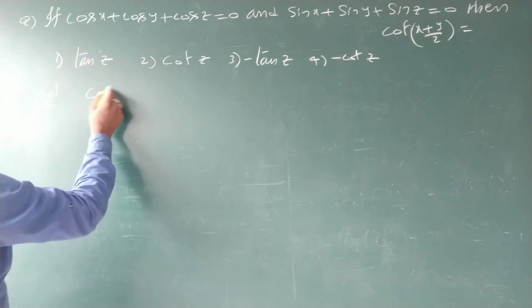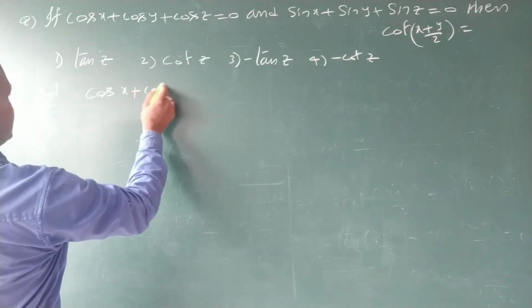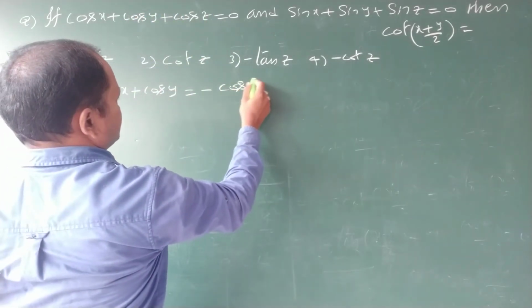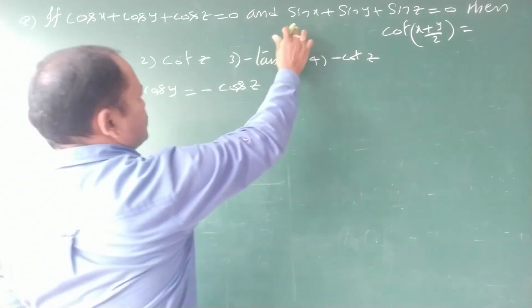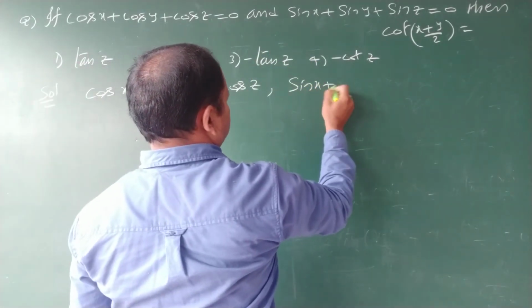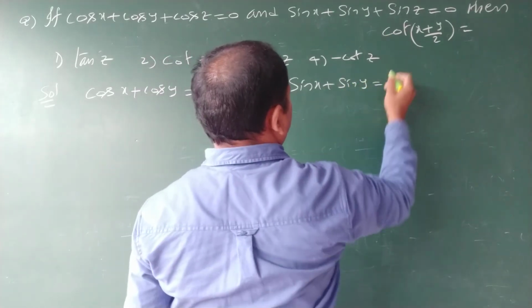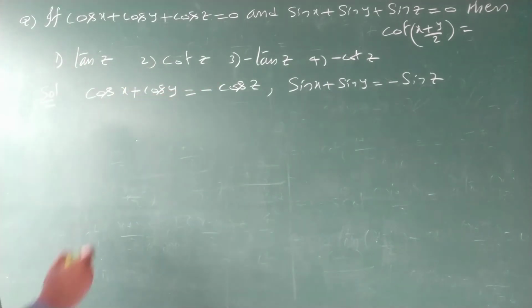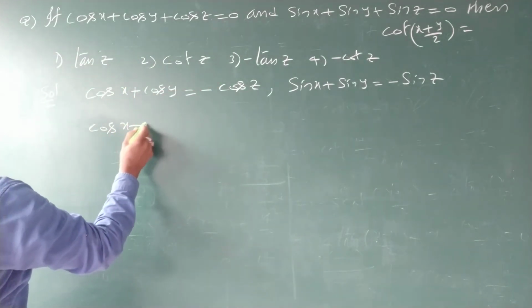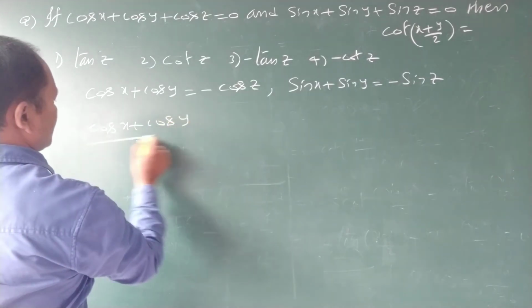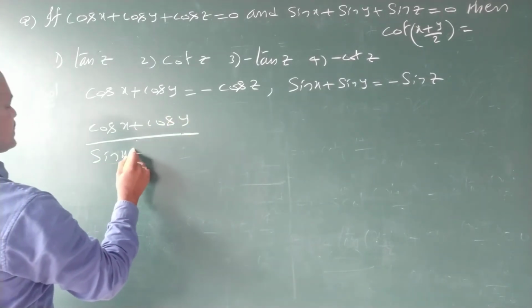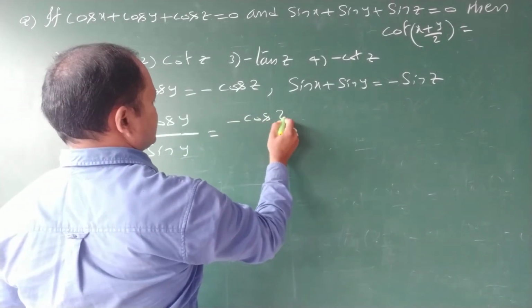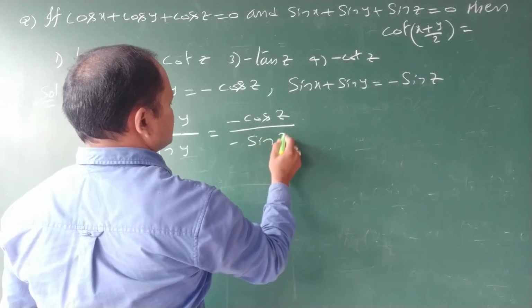From the first equation we write cos x plus cos y is equal to, taking outside, minus cos z. This one can be written as sin x plus sin y is equal to minus sin z. That's all. Now this one by that one: (cos x plus cos y) by (sin x plus sin y) is equal to the RHS ratio, minus cos z by minus sin z.